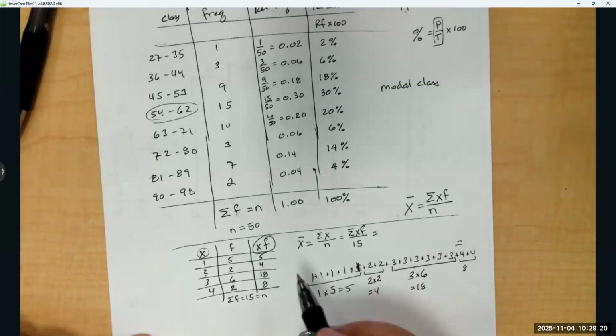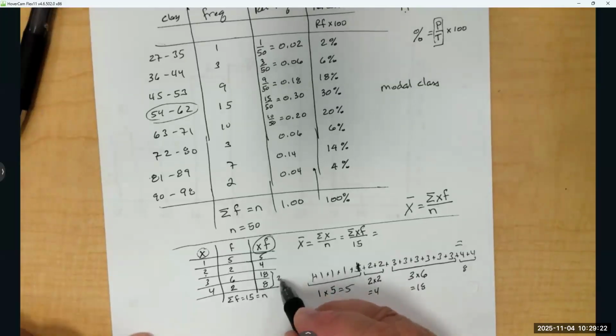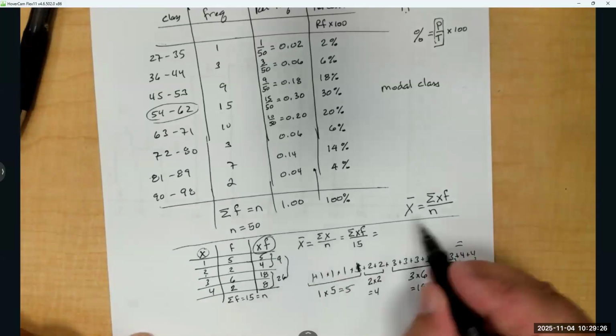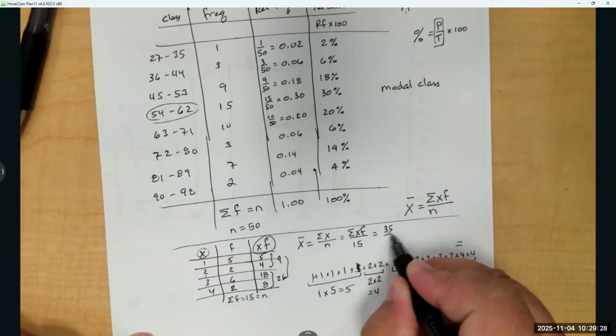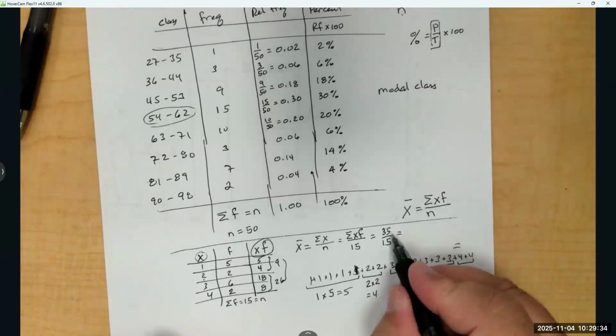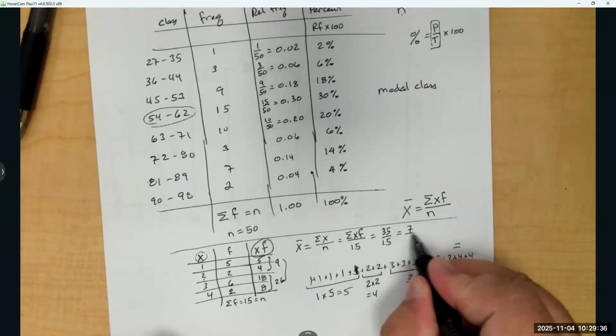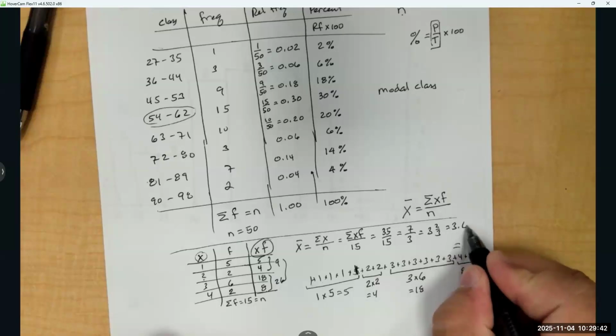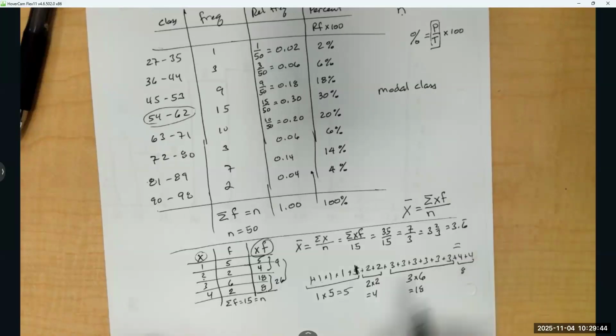So add up all these: 18 plus 8 is 26. 5 plus 4 is 9. So it's 35 over 15. 5 goes into 35 7 times, and 5 goes into 15 3 times. So it's 3 2/3, or 3.666666. So that's the average.